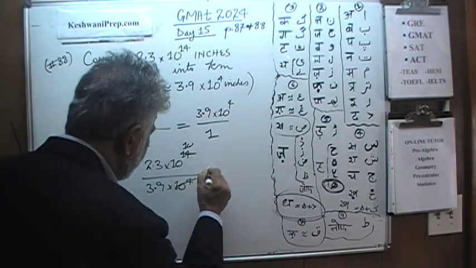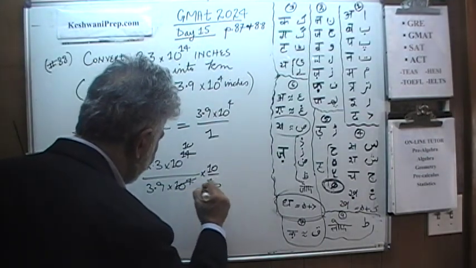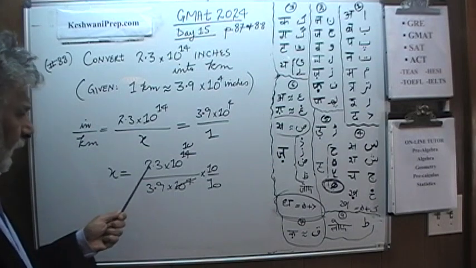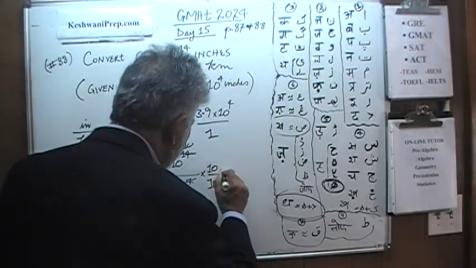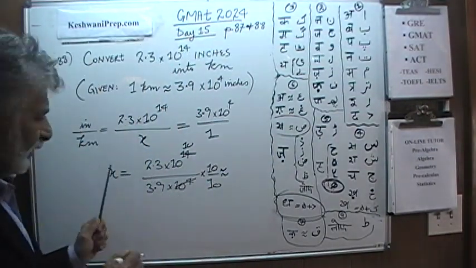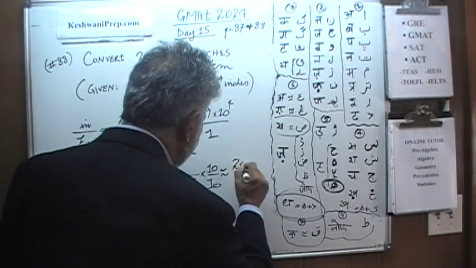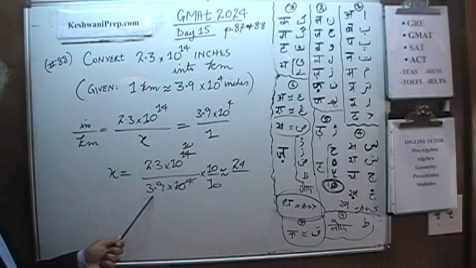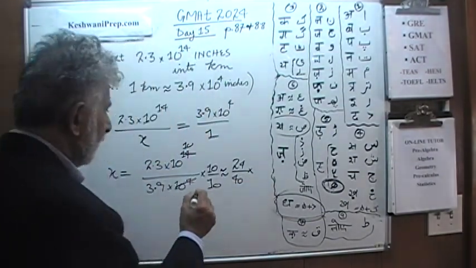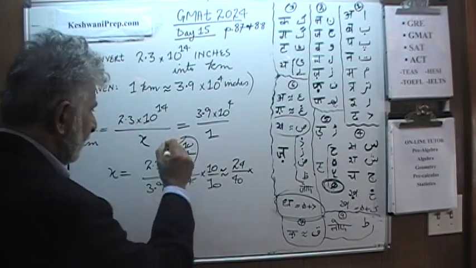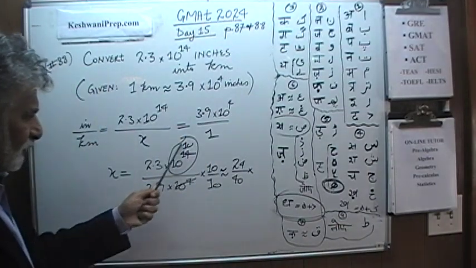Let's multiply top and bottom by 10, so that becomes 23, which we're going to approximate as 24. And that becomes 39, which we're going to approximate as 40. This quantity remains intact. We have not done anything with that. That's 10 raised to 10 remains.